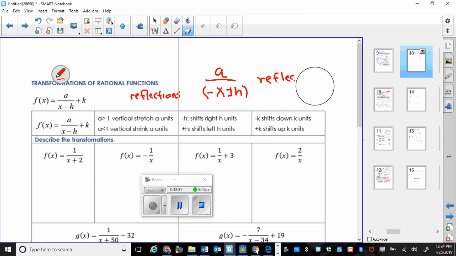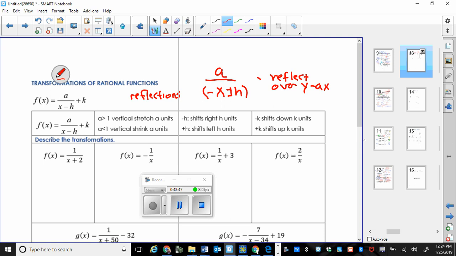If it's inside on the bottom, it's reflecting over the y-axis. If it's outside, negative a, x plus h, but not on the bottom, it reflects over the x-axis.